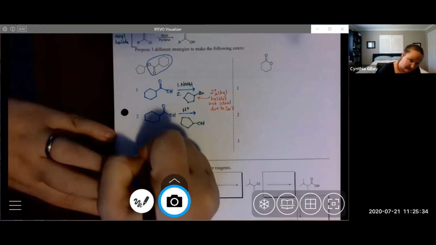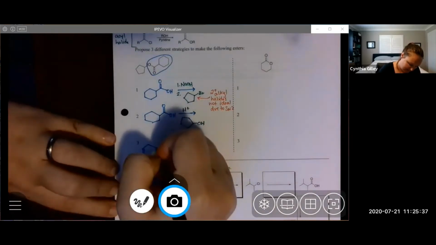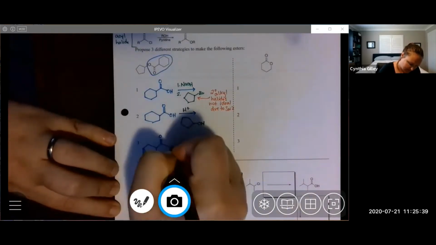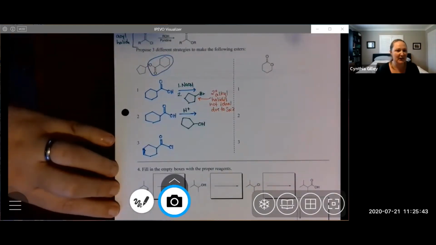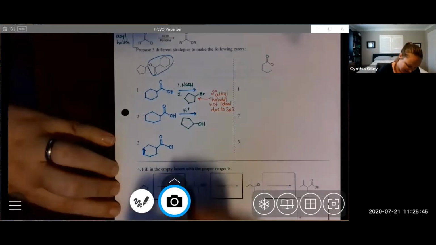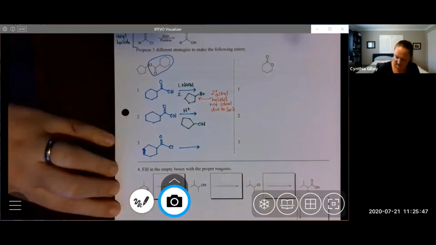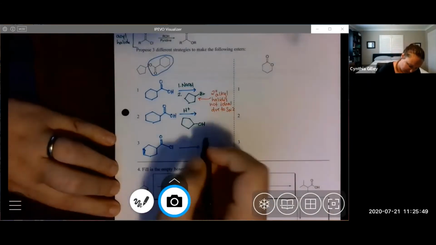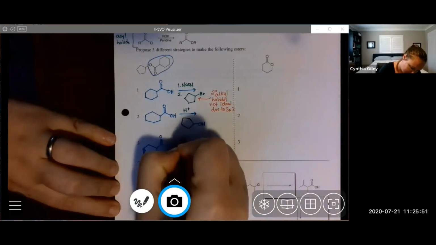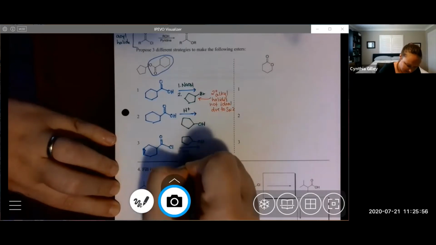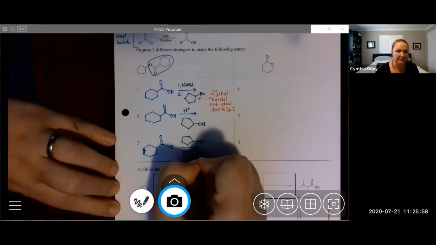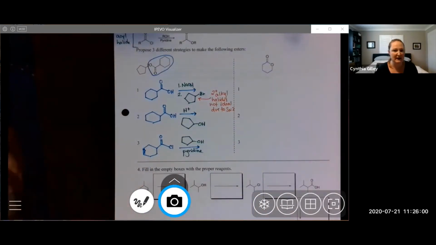Oops, I don't know why I'm drawing double bonds in there. Got excited, wanted to draw an aromatic ring. Okay, so we have the acid halide and the alcohol. Remember, pyridine is optional. So we'll draw our little alcohol in here and maybe add some pyridine. And that would also make the ester.